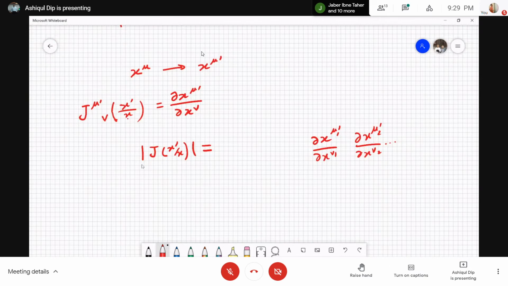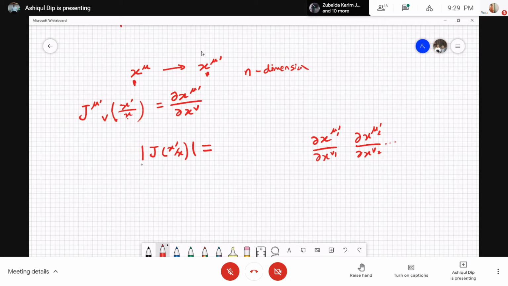If you are talking about a dimension of n, then you'll have n coordinates going under transformation. So the Jacobian matrix has a specific dimension. In n-dimensional space, you'll have n coordinates x and n coordinates x prime.